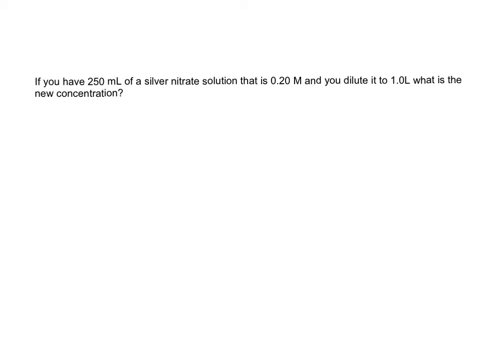Okay, a little bit of review here. If you have 250 milliliters of a 0.2 molar, that is 0.2 mole per liter solution, you dilute it to 1 liter. What is the new concentration? So don't forget to change your milliliters to liters because we have to have liters for our concentration.